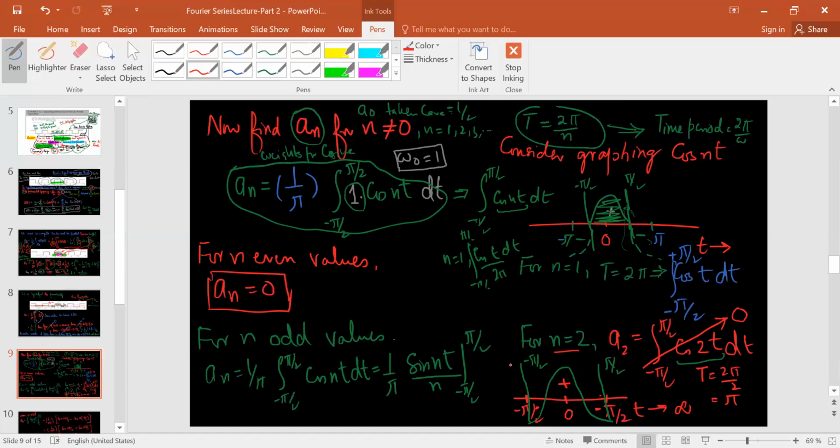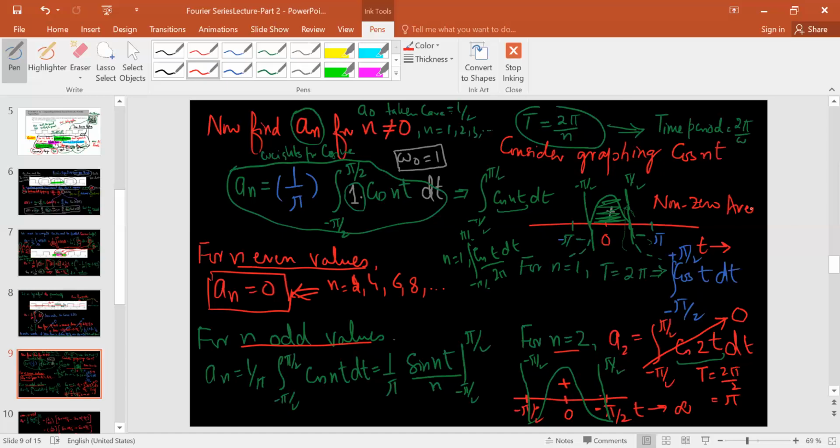So that tells me that if I take the even values, n equal to 2, 4, 6, 8, and so on (I cannot take 0 because 0 is already found), then a n is 0. However, if I take n odd values, then of course the area is not 0; there is non-zero area between minus pi by 2 and plus pi by 2.